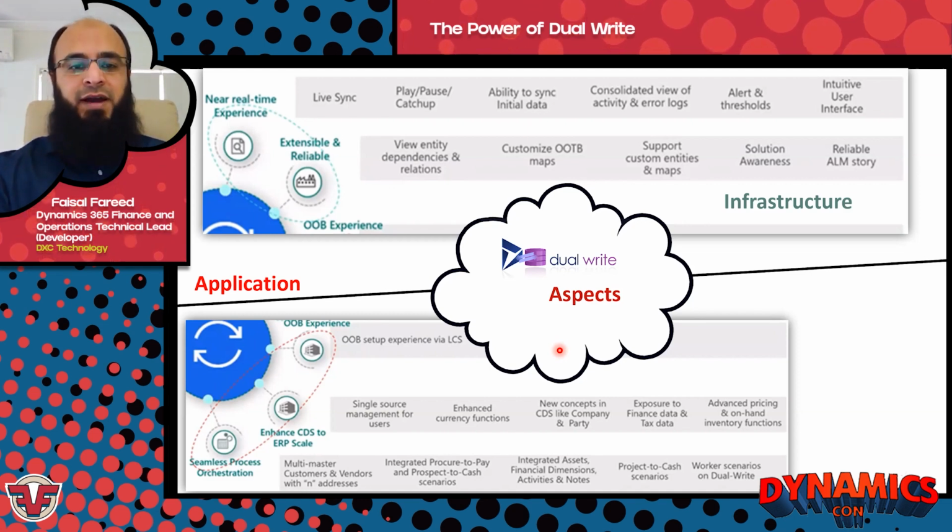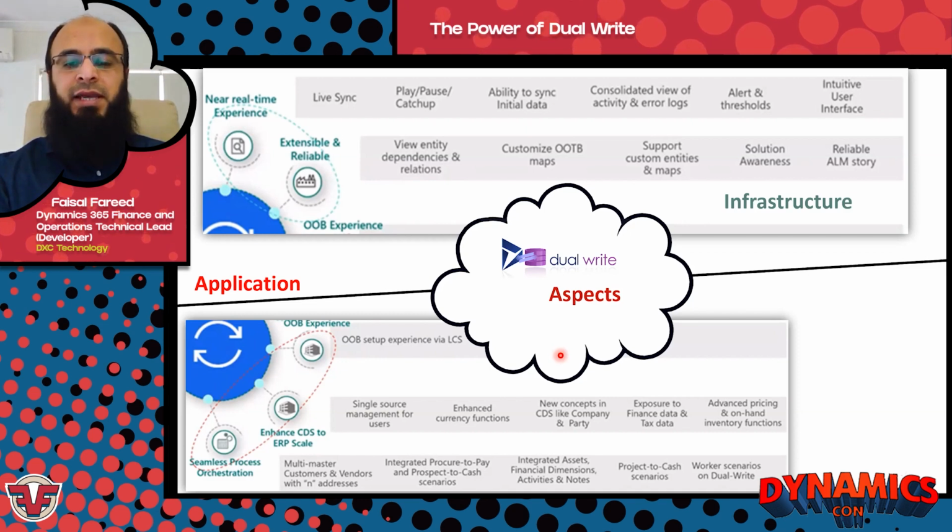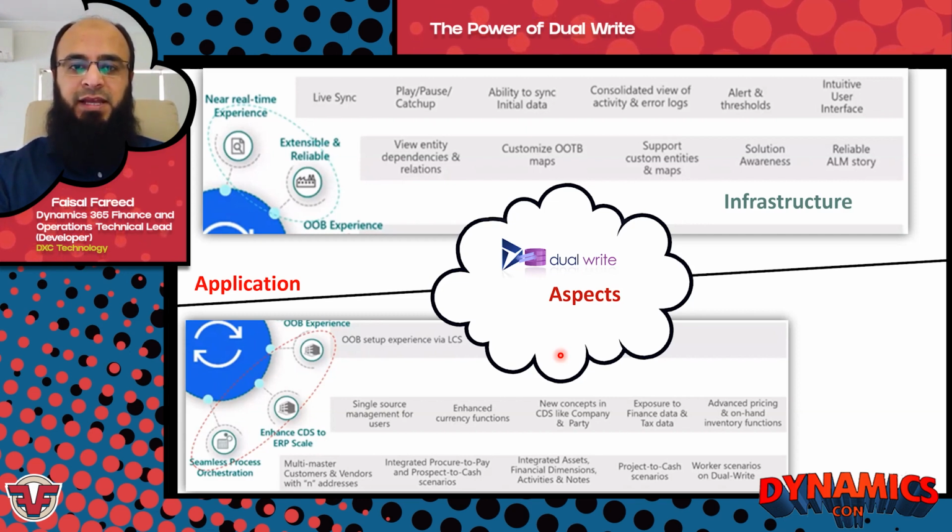Everyone knows in finance and operations we have a party concept. It's a global address book, and you can associate customer account, contact, and so on with the party concept. In customer engagement, we do not have a concept of a party.